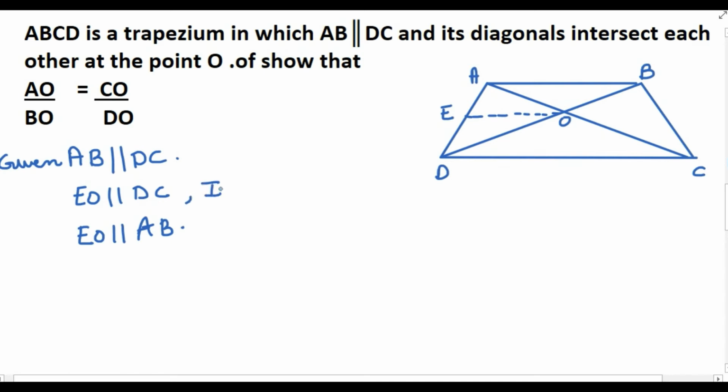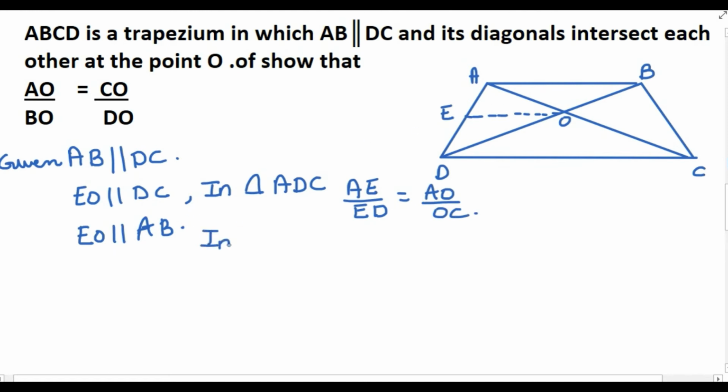For the triangle, EO is parallel to DC in triangle ADC. Then by basic proportionality theorem, I can write the ratio AE divided by ED is equal to AO divided by OC. In the same way, EO is parallel to AB.